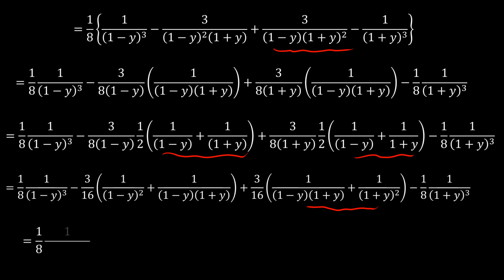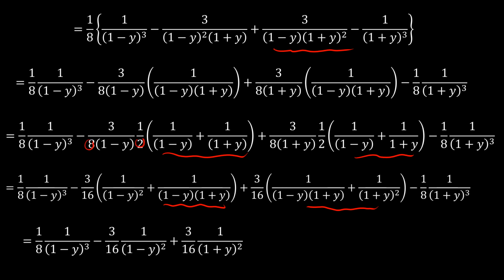So again, we're going to break this into partial fractions. So we have 3 over 16 because this and this interacted, and then now we have 3 over 16 here, and we have 1 plus y squared, minus 1 over 8, 1 over 1 plus y cubed.